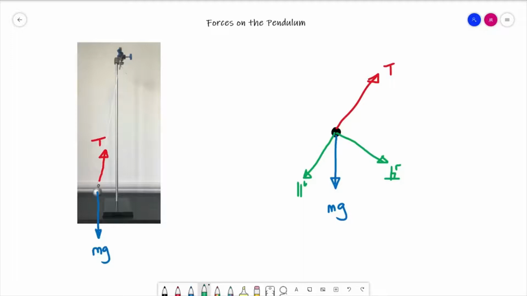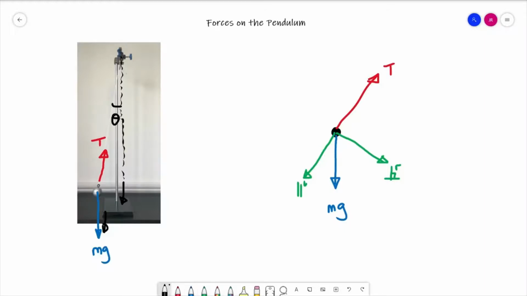Now obviously, next we're going to need some form of angle on here to be able to resolve this weight properly. If we go back to the diagram, we can see that, and I've changed colours, but it doesn't matter, we've got theta here. So we have a vertical line and we have an angle to the string. Now when we come back over to the main diagram, because the weight is acting straight down and this black dotted line is in the direction straight down, those two lines are parallel to each other.